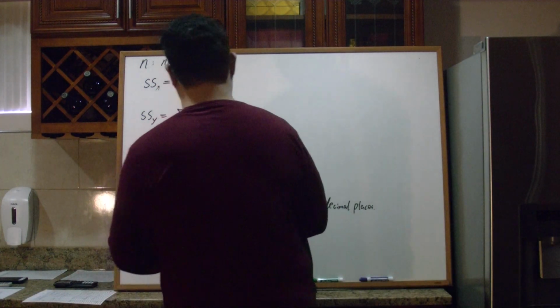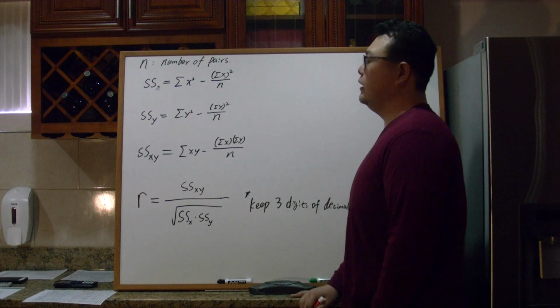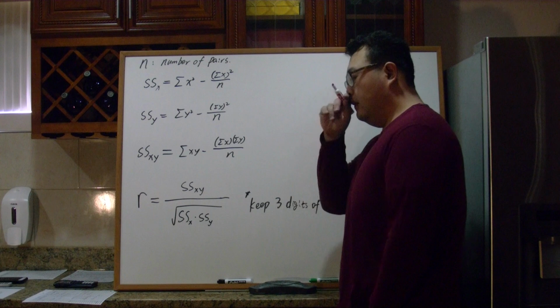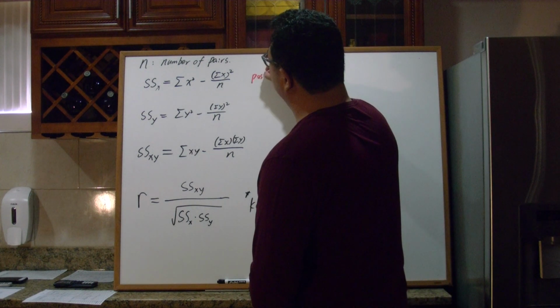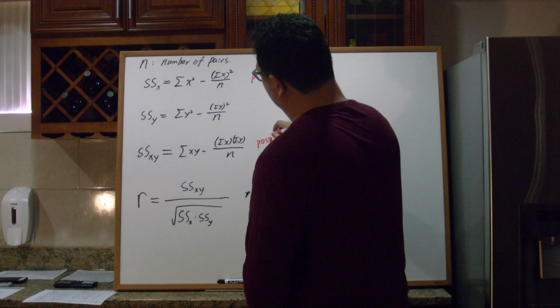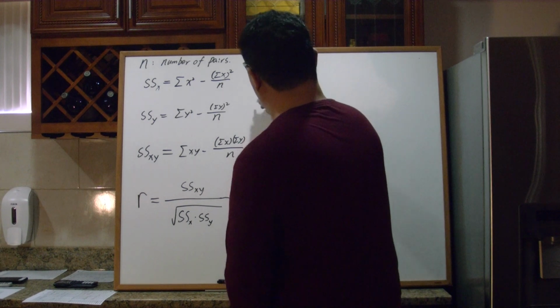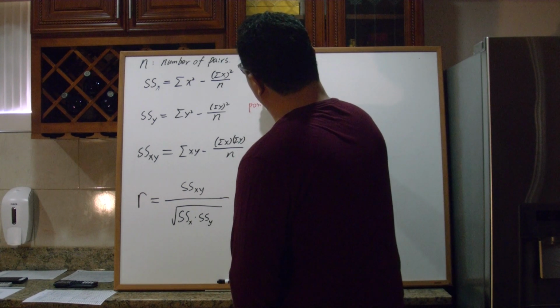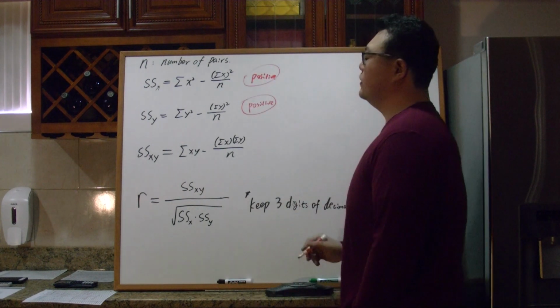And another special thing is that the sum squares of x or y come from the numerator of the variance. So especially these have to be positive. Right, the first two have to be positive.